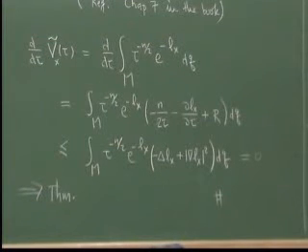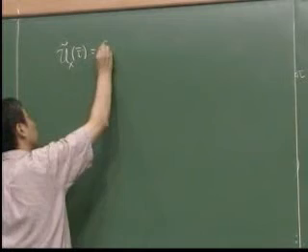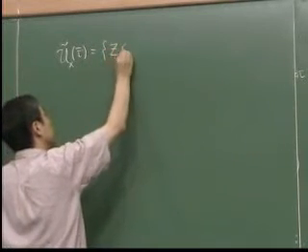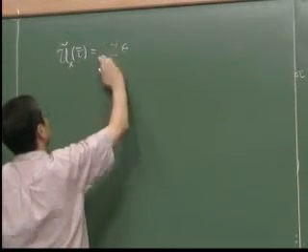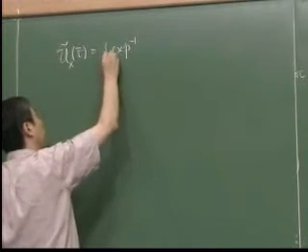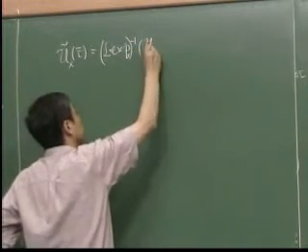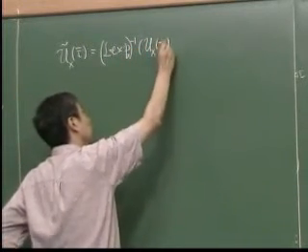The other proof is you define U x tilde of tau to be the pre-image of U x tau.